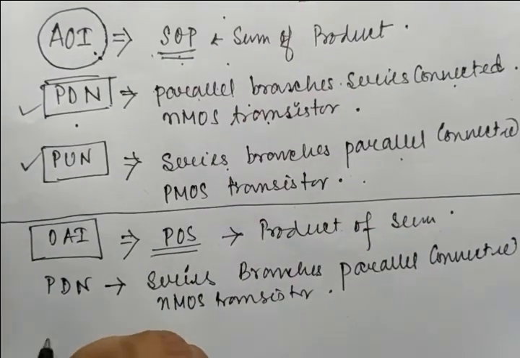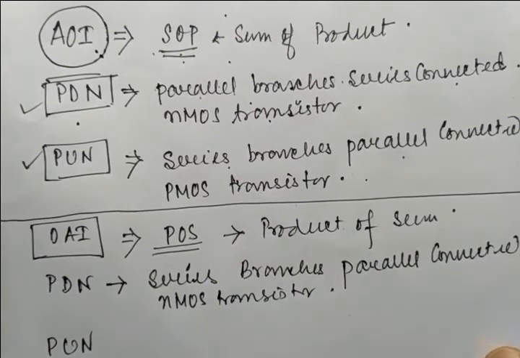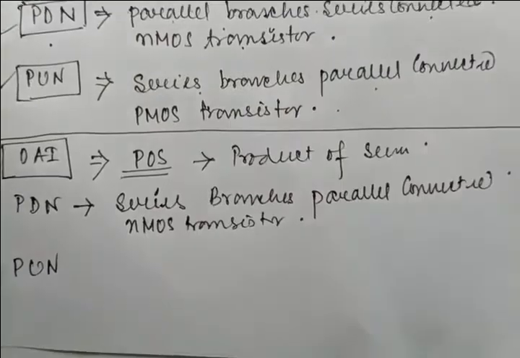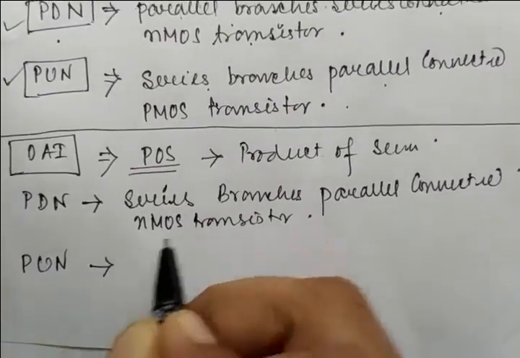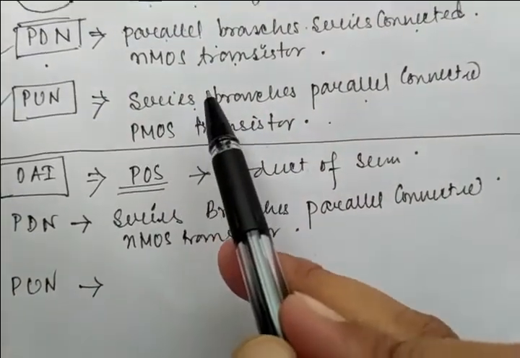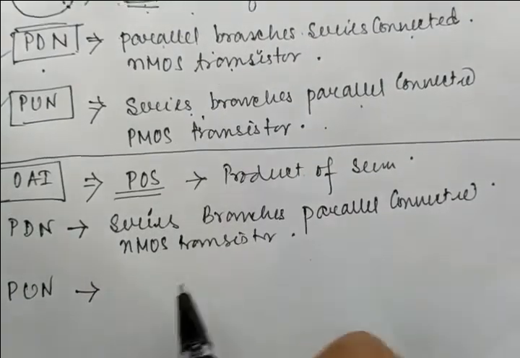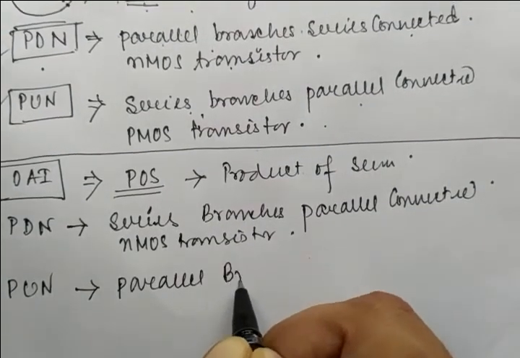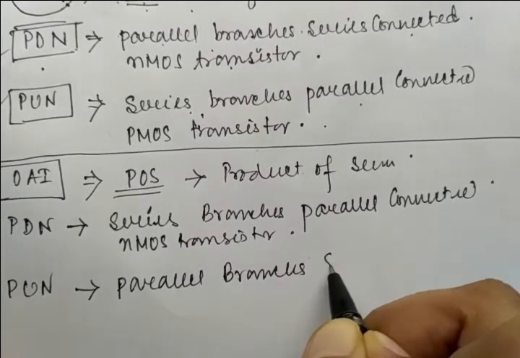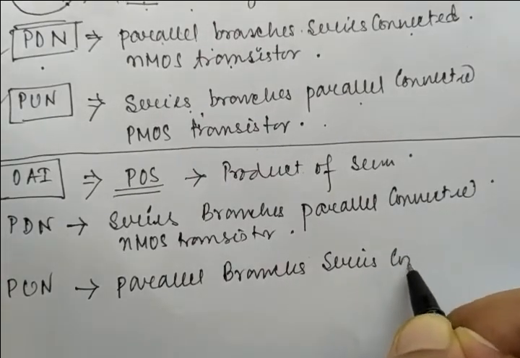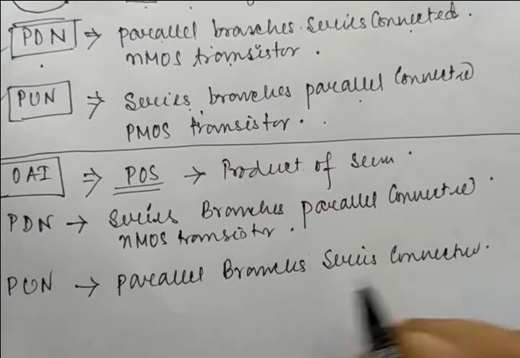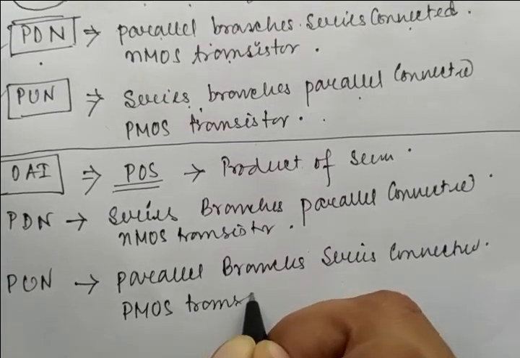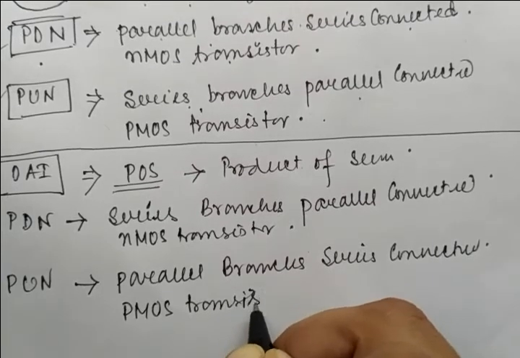And what about your pull-up network? It is just the opposite of your AOI logic, that is, parallel branches series connected PMOS transistors. Clear?